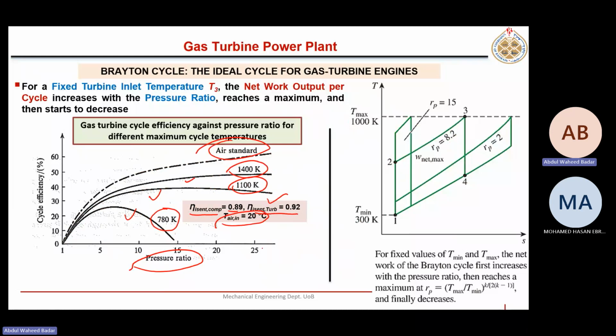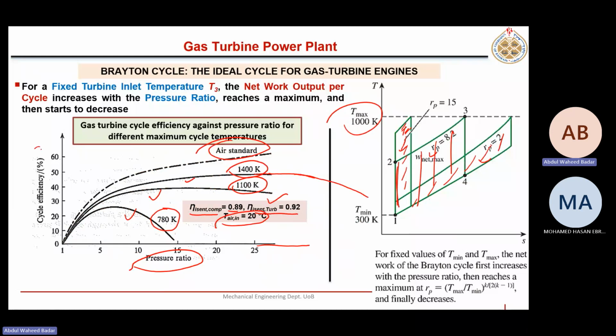It will drop if you further increase the pressure, because now it's getting flat, but we have to check further. Because of the limit, this area becomes smaller than the heat input, which is shown here. Initially for very low pressure, the area is smaller, but for high pressure, the area becomes quite big if T3 is fixed.